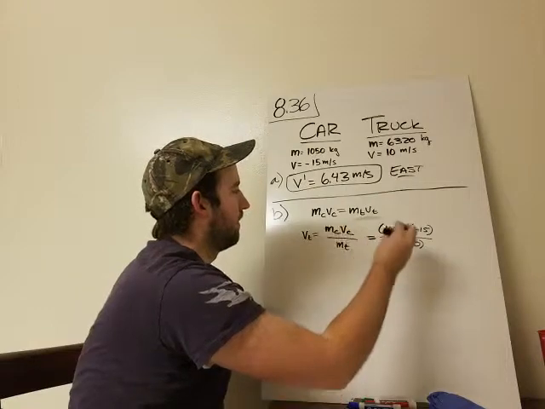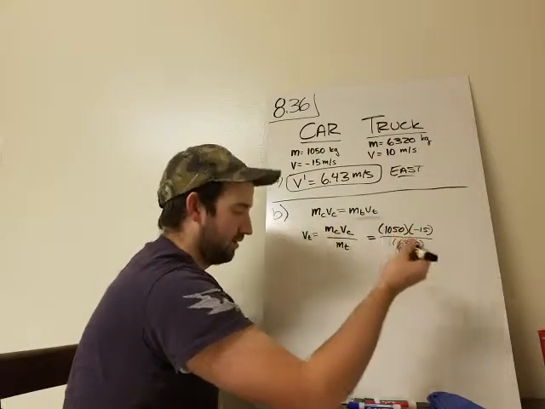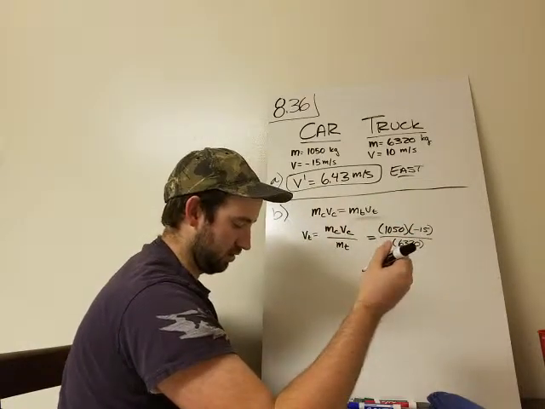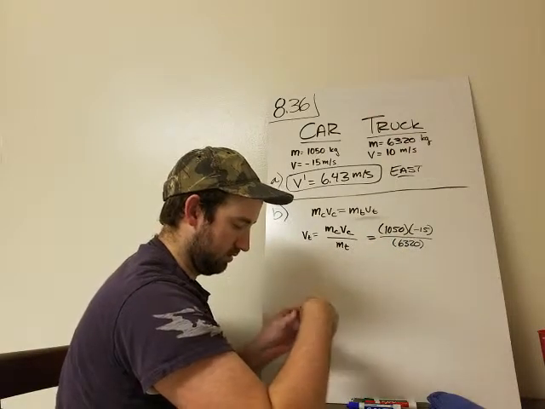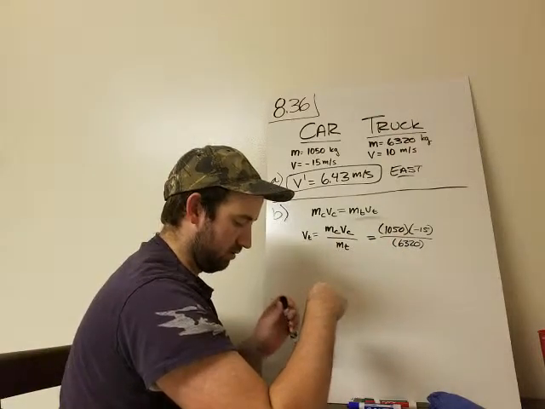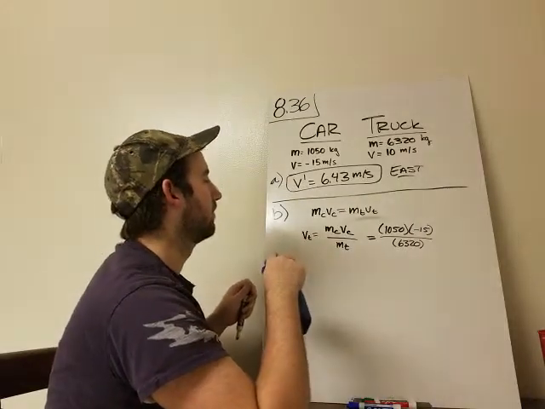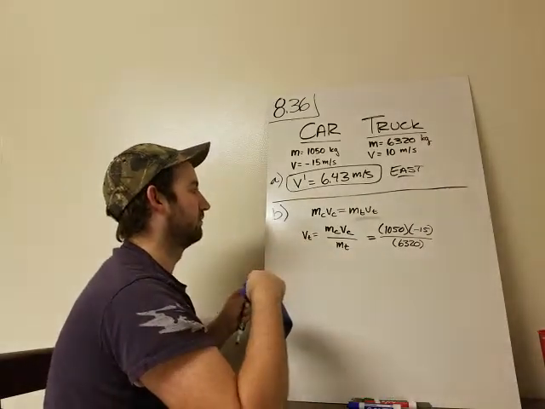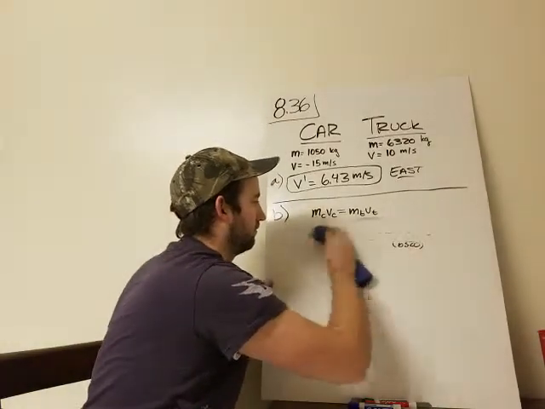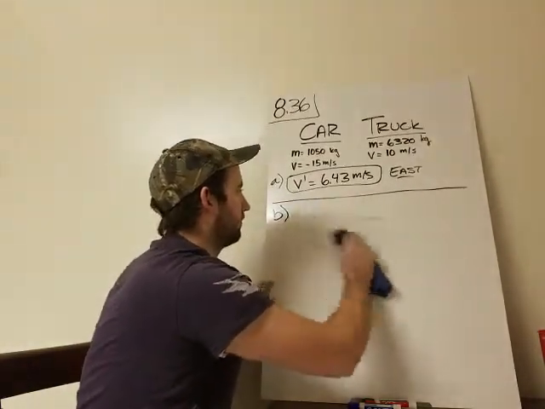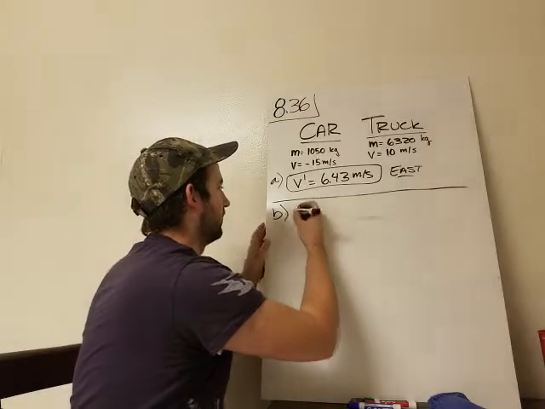That's good. When we put that in the calculator, we end up getting 2.49 meters per second is how fast it's going to need to go. So I'll write that up here to get more room for the next part.